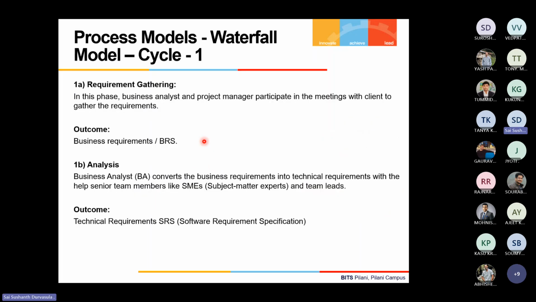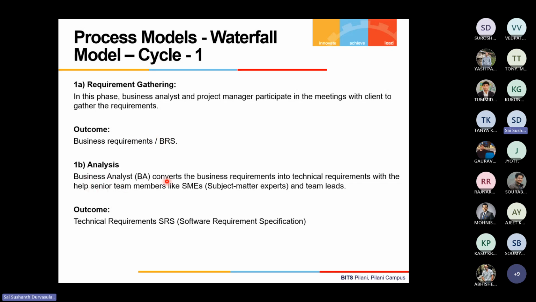Okay. So we discussed waterfall, and I have done this explanation already earlier. What we are looking at here is, as part of each phase of the SDLC, what is the expected outcome. The outcome of phase one, which is requirement gathering: project managers participate in meetings with the client to gather the requirements, and the outcome is a BRS, or business requirement specification.